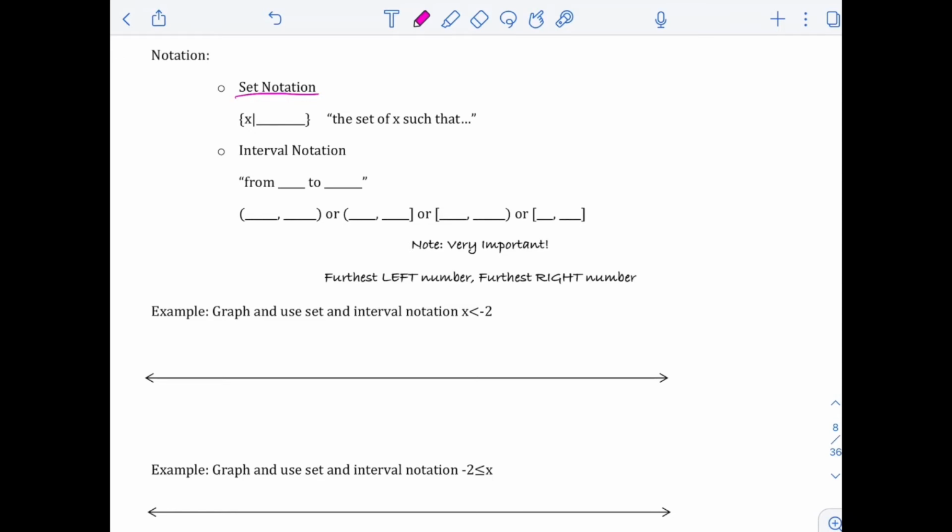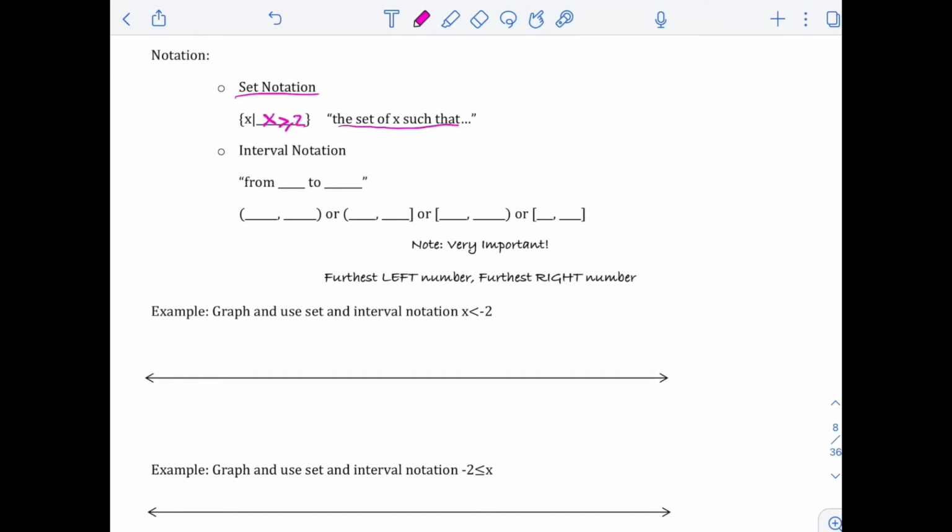For example, the set of x such that x is greater than or equal to 2. That means it defines the properties of the elements in this set.